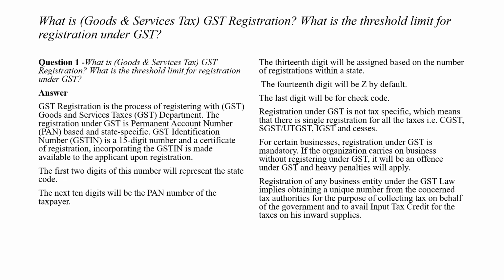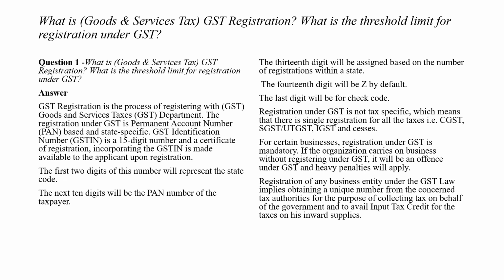The next 10 digits will be the PAN number of the taxpayer. The 13th digit will be assigned based on the number of registrations within a state. The 14th digit will be Z by default. The last digit will be for the check code.